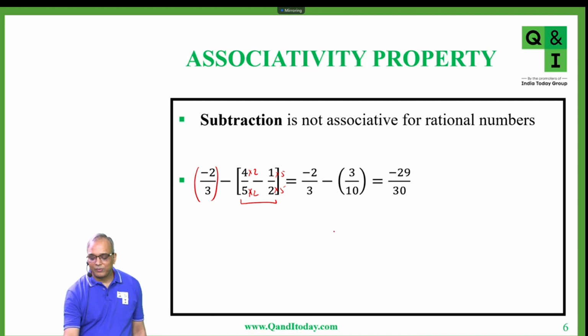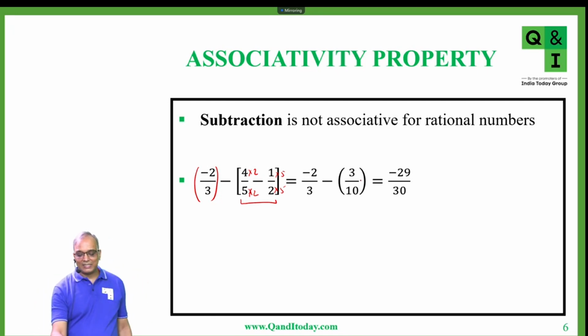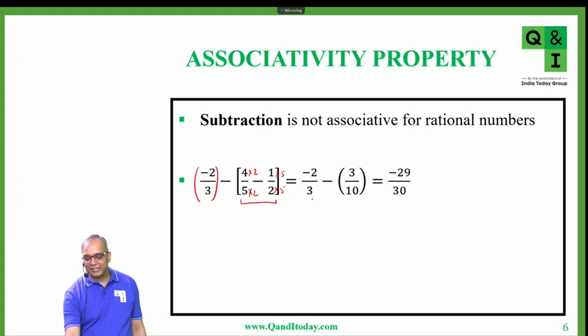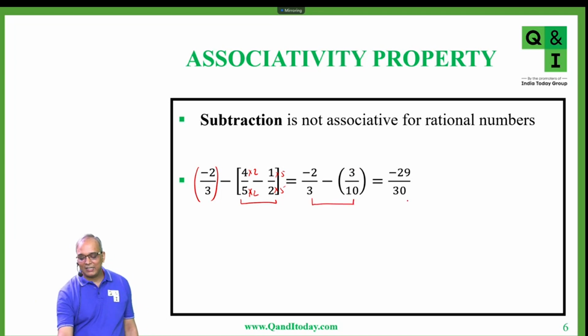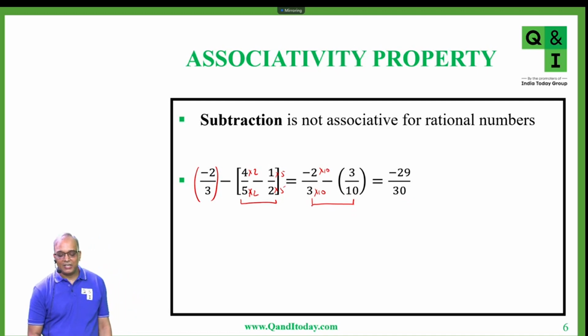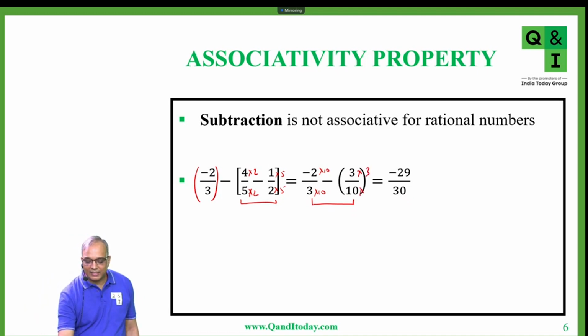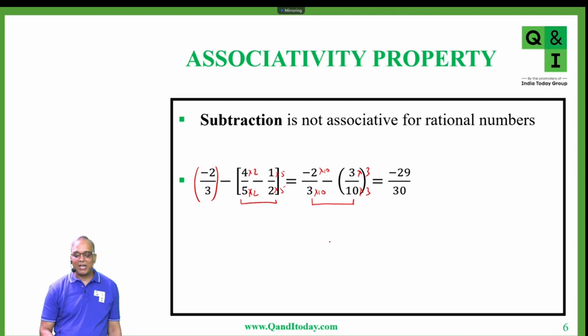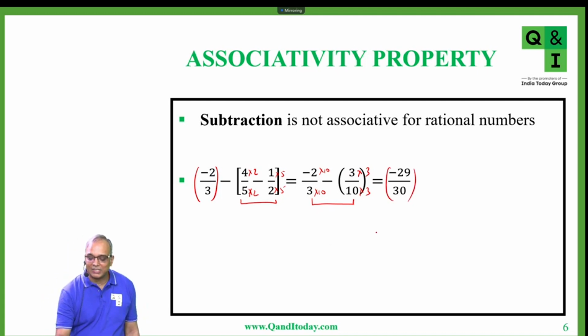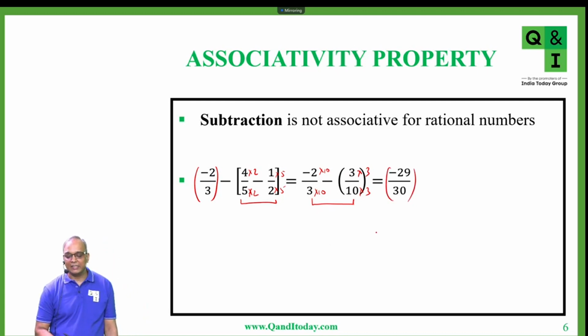Okay. So we get 8 minus 5, that is 3 over 10, and minus 2 by 3. Now you take the LCM of 3 and 10, we'll have 30. So we'll multiply by 10 in both numerator and denominator here, and by 3 there. So minus 20 minus 9 is minus 29 over 30, right?